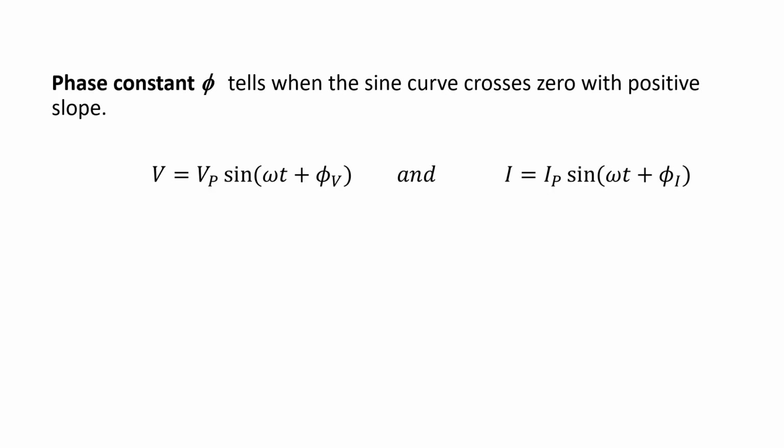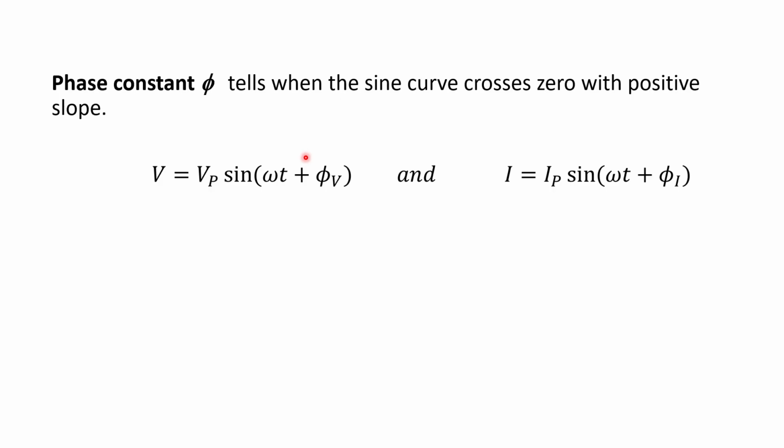When thinking about the sine curve and the equation that goes with it, there's a phase constant. The phase constant tells when the sine curve crosses 0 with positive slope. And the thing you need to remember when you're dealing with a phase constant in an equation such as the one on the screen is that if it's a plus sign, then you can think of it as the sine curve, sine omega t, but shifted to the left by phi.